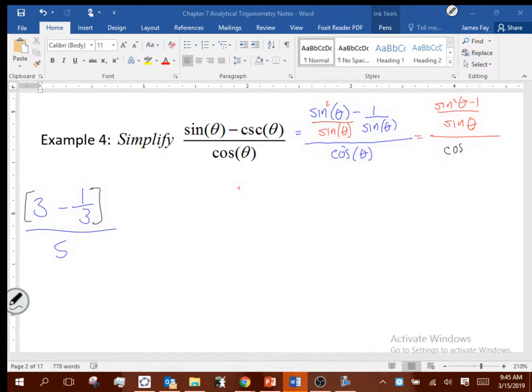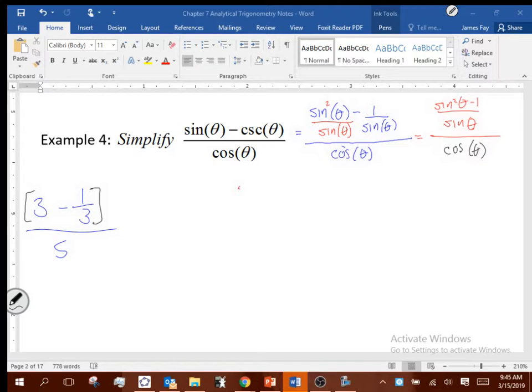And now the bottom is still cosine theta. It's getting better. Okay? And think about why it's getting better. When we started in the original problem, we had a difference. We had 2 fractions being subtracted, right? Look at what we have now all the way on the right. Now we only have 1 fraction in the top. Does that make sense? Okay, so it is getting better.